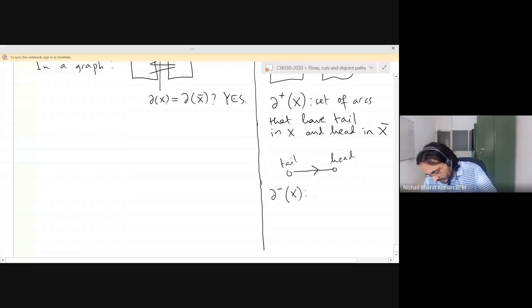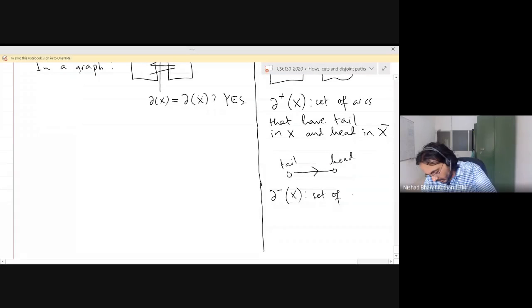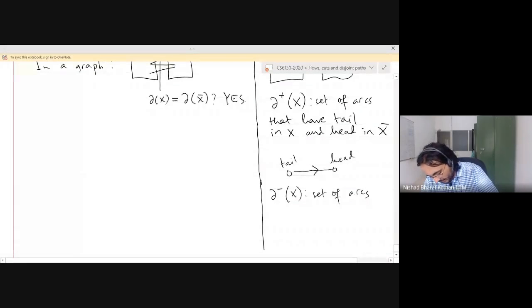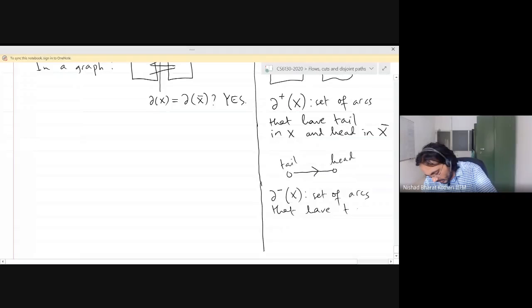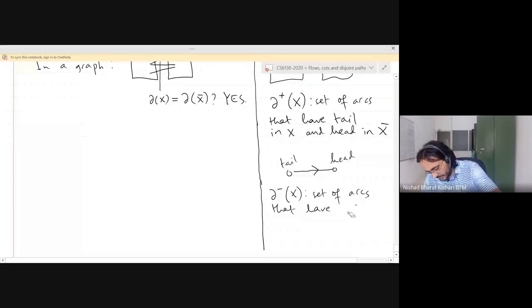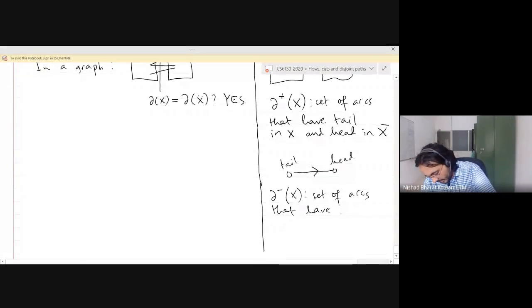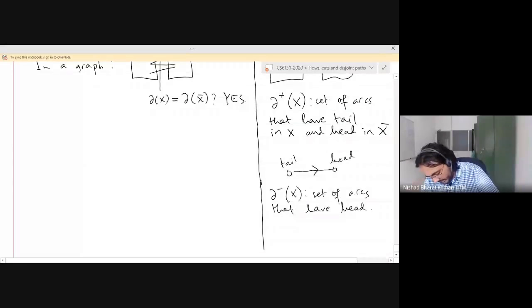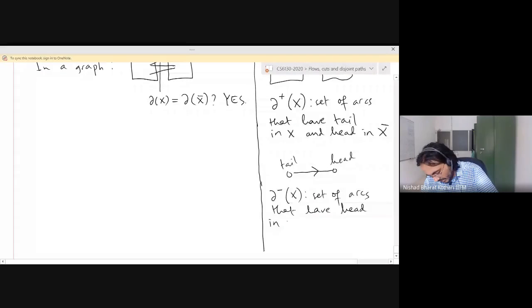This is the set of arcs that have head in x and tail in x bar.